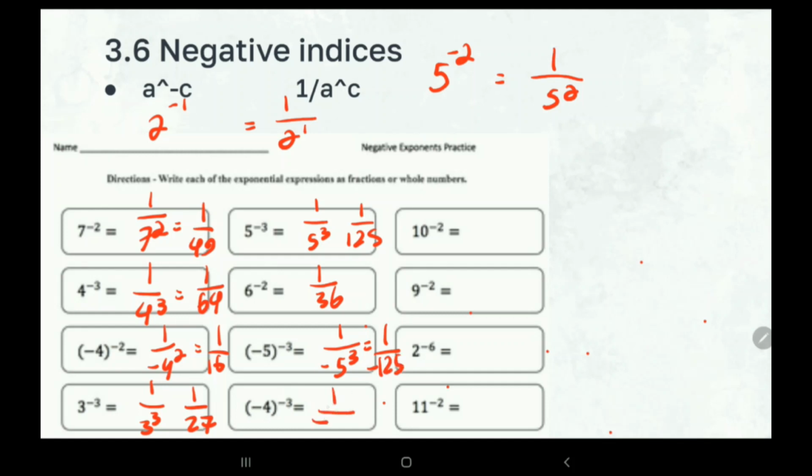This is negative 64, 100, 1 over 81, and here is 1 over 64. The last one is 1 over 21. I hope you get it right.